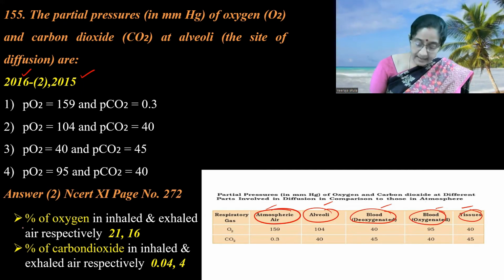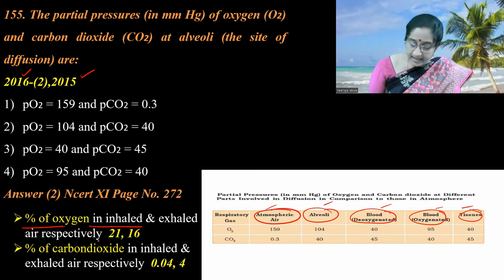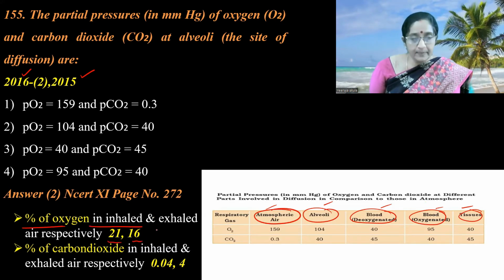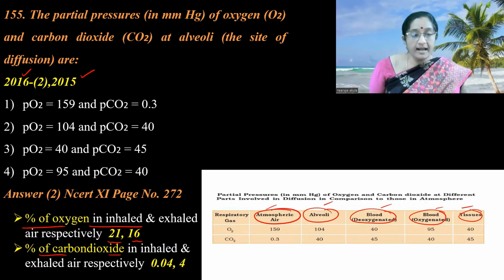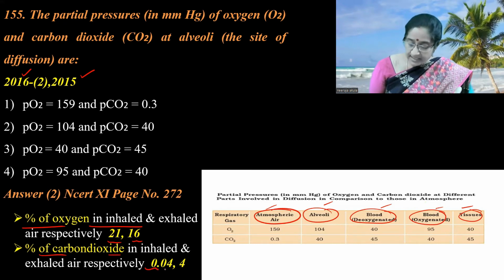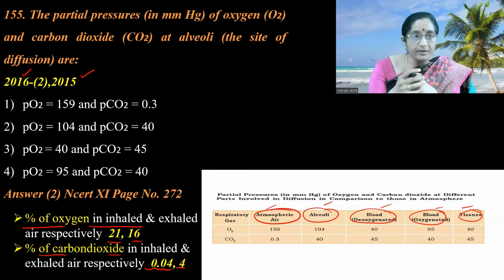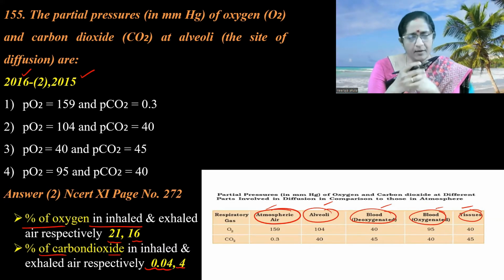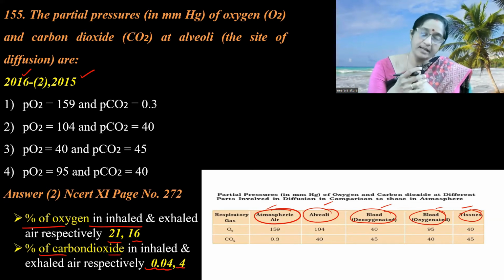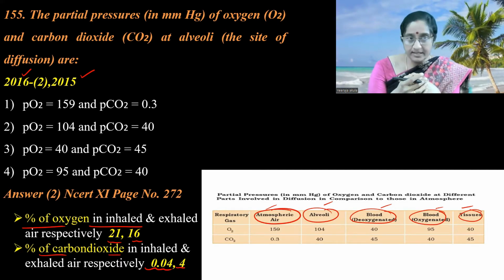Now let us see the percentage of oxygen in the inhaled air and exhaled air, 21 and then 16 respectively. And the percentage of carbon dioxide in the inhaled and exhaled air, 0.04 and then 4% respectively. Generally, right from this particular chapter, almost every year we are getting questions related to lung volumes and capacities, and then related to the disorders.